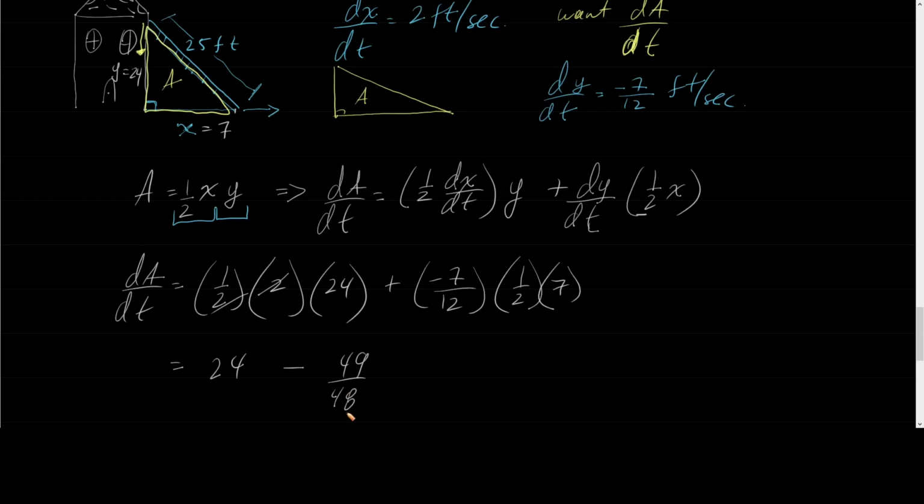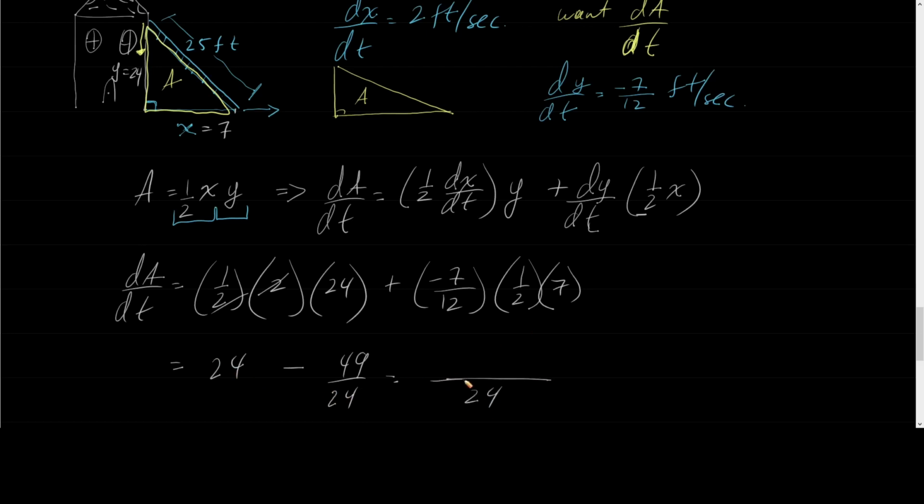All right. Wait, hold on. I don't know where I got 48 from. 12 times 2 is 24. Okay, way better. Now the next thing we need is a common denominator, and clearly the common denominator is 24.